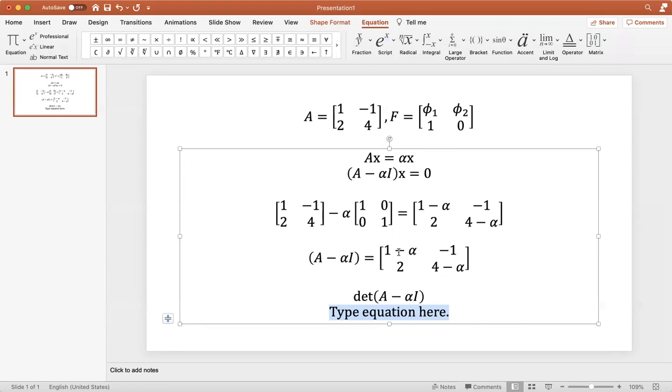You multiply the diagonal terms first, so that's going to be (1 minus alpha) times (4 minus alpha), plus 2, because you have here 2 times negative 1, negative 2, but you subtract it, so it's going to be positive 2. And set it equal to 0.